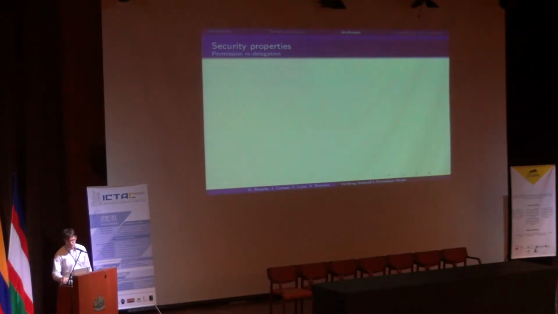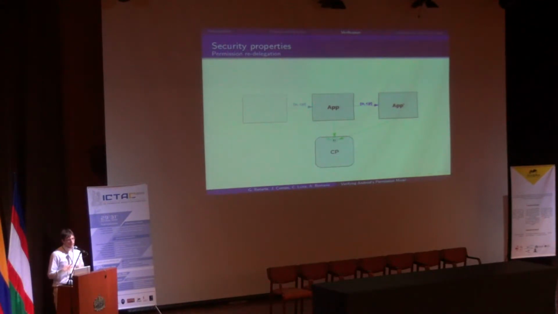Well, the other security property I wanted to describe is called permission redelegation, and it describes the following aspect. Imagine we have an application that has received a permission delegation to access a URI of a content provider ICP. Then this application can redelegate this permission to a new application in such a way that this new application will be able to access the same URI of the content provider.